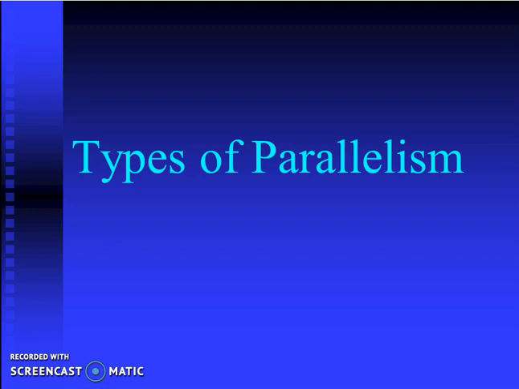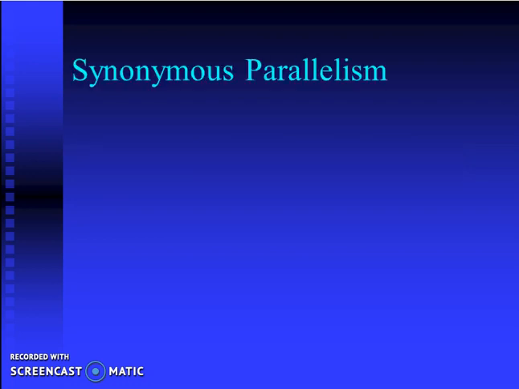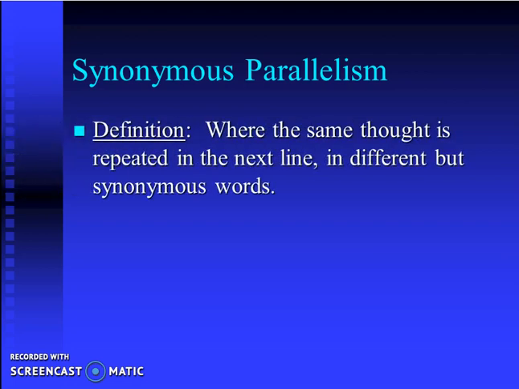I've seen books that show 30 or 40 different types, but I'll give you at least a few types to give you the idea. The most basic type of parallelism would be synonymous parallelism. This is where the same thought is repeated in the next line of poetry using different but synonymous words.